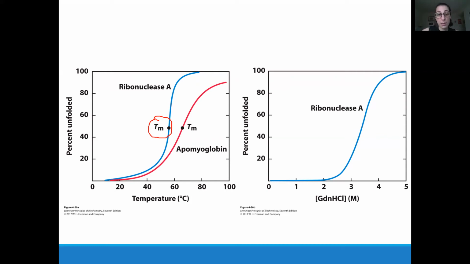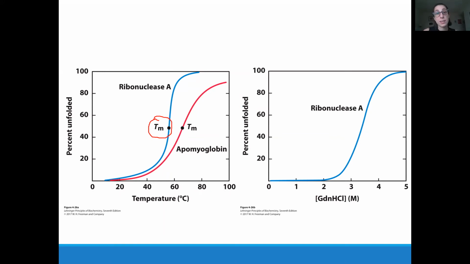The second graph here is showing another type of denaturation that's occurring with ribonuclease A. Here ribonuclease A is denatured using GdnHCl, which is guanidine hydrochloride. Guanidine hydrochloride is going to instead disrupt those disulfide bonds.